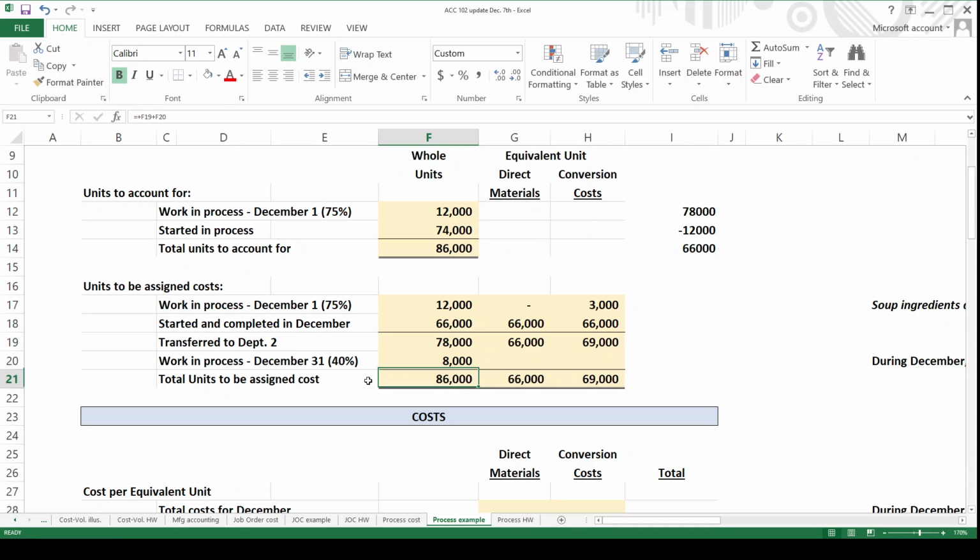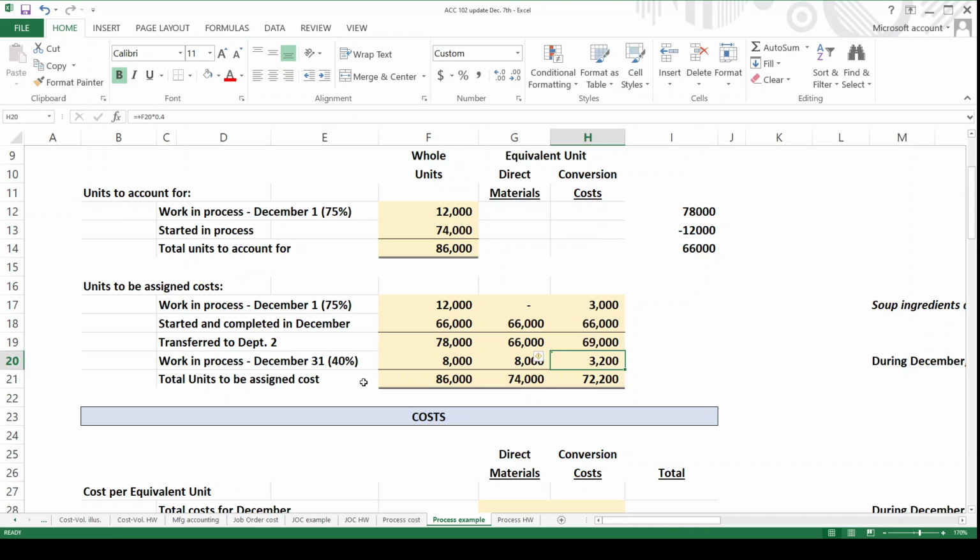Okay, there's our 86,000 again. How much did we put in terms of material? We put in all the material components of the soup, 8,000. How much conversion cost was applied? Well, 40%. So we'll take the 8,000 times 40%, 3,200 equivalent units.